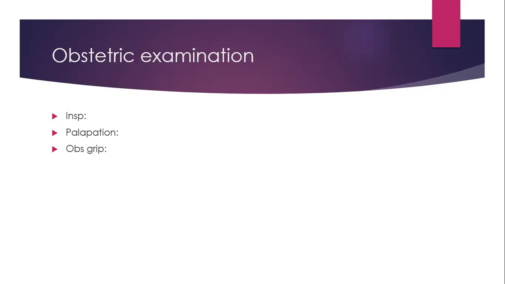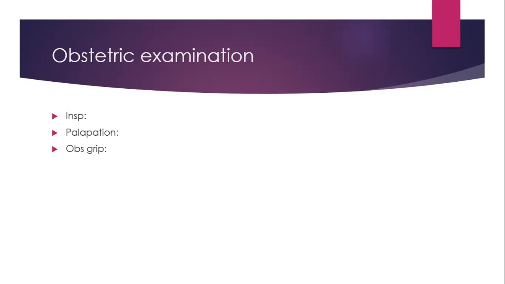Next are the obstetric grips. The obstetric grips are fundal grip or first Leopold maneuver, lateral grip or second Leopold maneuver, Pawlik's grip which is third Leopold maneuver, and pelvic grip or fourth Leopold maneuver. I believe you all know these grips, don't you?